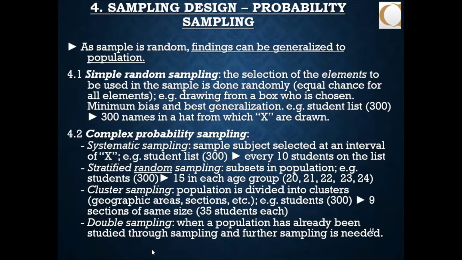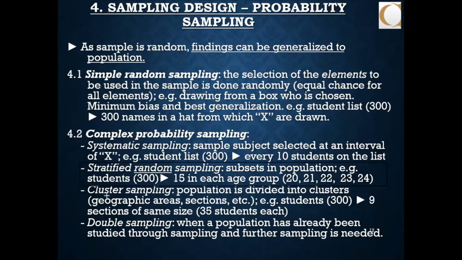Systematic is based on intervals, stratified is based on subsets and population. For stratified, you have 15 in each age group. That gets complicated because you're putting equal weighting for each age group.